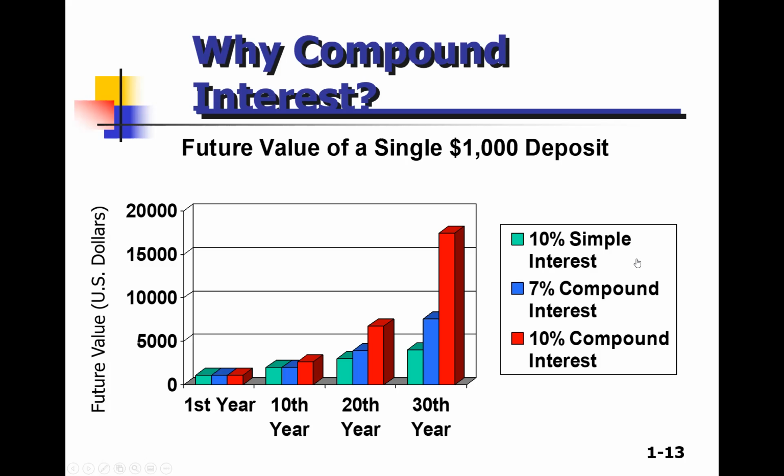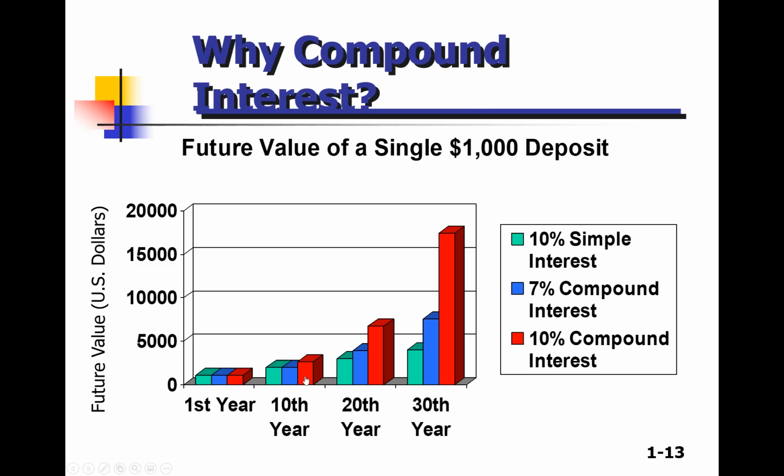One bank account is paying 10% simple interest, another bank account is paying 7% compound interest, another bank account is paying 10% compound interest. Now we need to understand how the value of our deposit will grow over the period of time. If we look at the time period, first year, the amount of interest is equal.